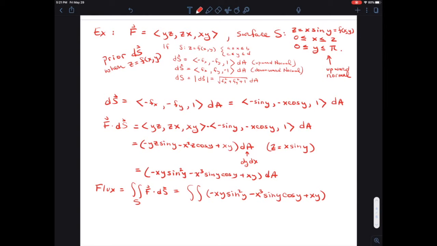I did y first, and then x. So y goes from 0 to pi, I think, and x from 0 to 2. So that's how you set up one of those monstrosities.